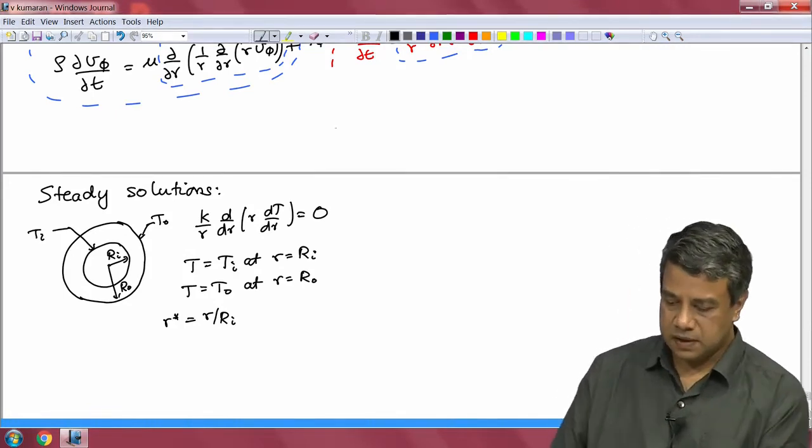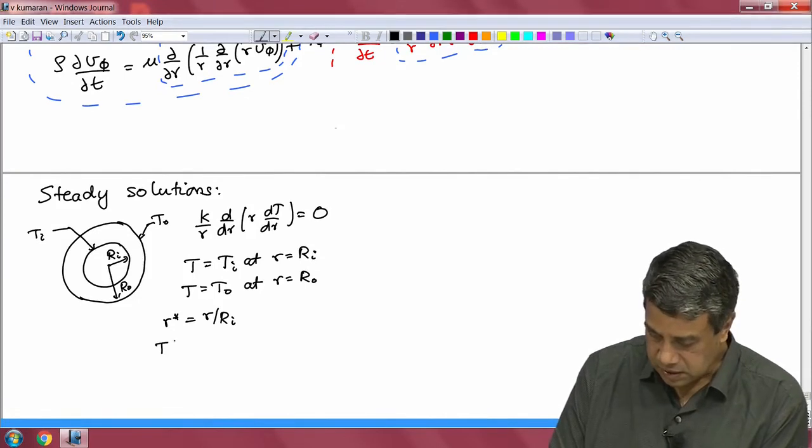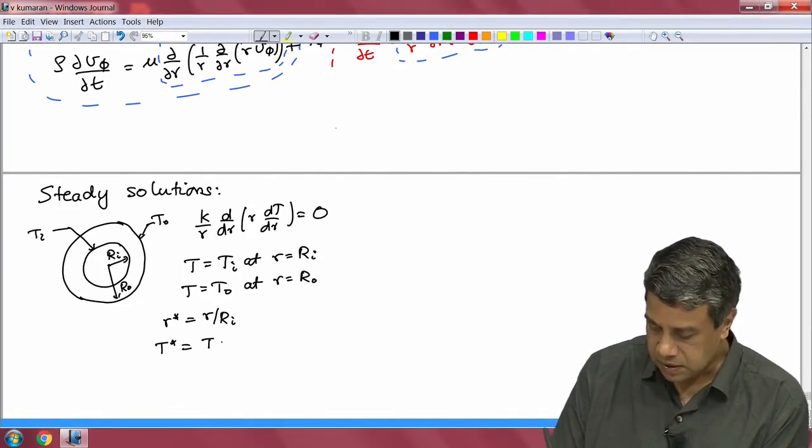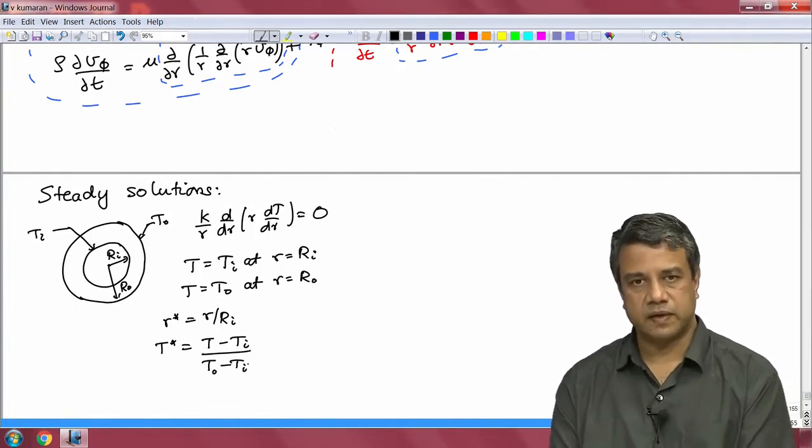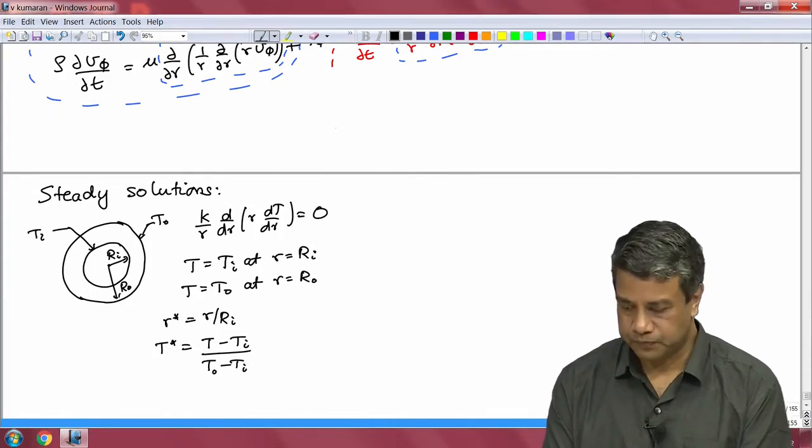And I can define the temperature as T star is equal to T minus T_i by T_o minus T_i, outer temperature minus inner temperature. I can define that as the scale temperature.